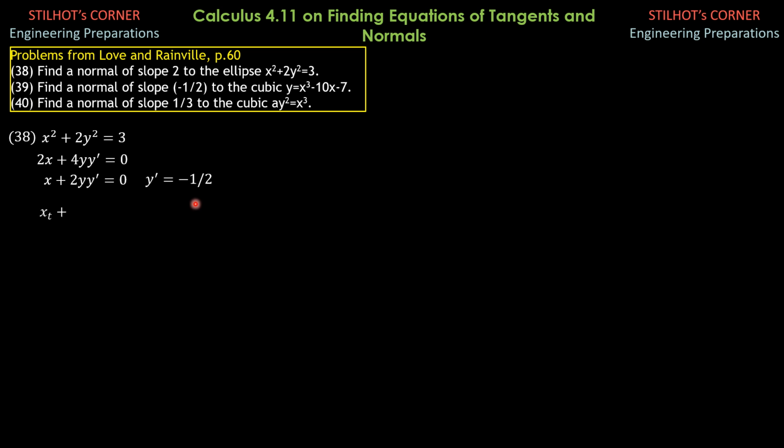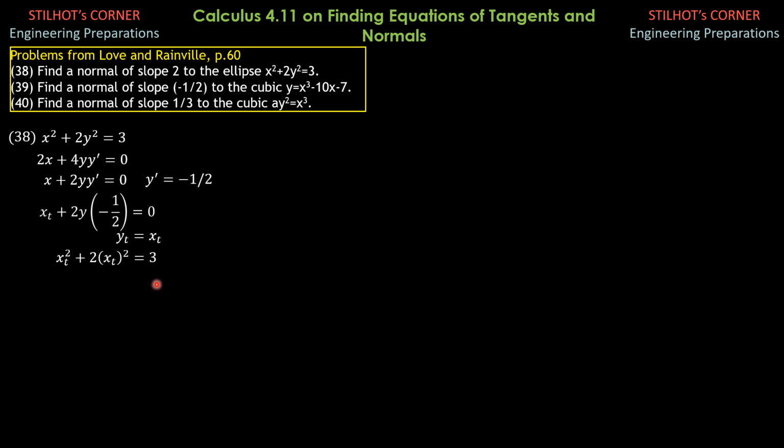So y prime is negative 1/2. So x plus 2y times negative 1/2 equals 0. So that means x sub t equals y sub t. Replacing y by y sub t, substitute into the original equation x sub t squared plus 2 times x sub t quantity squared equals 3.